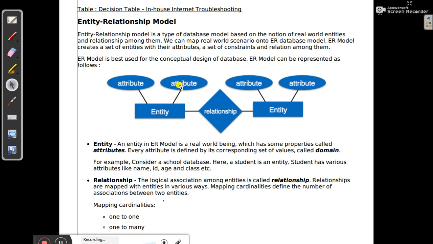Suppose you want to create a table for your branch, then the number of students, or the ID of the students, and the weight of the students. Suppose those will be attributes of this entity, like the BCA 5 entity.